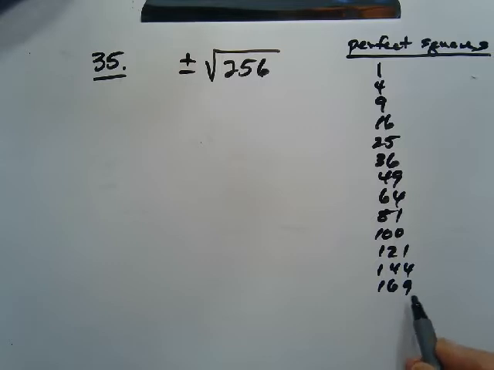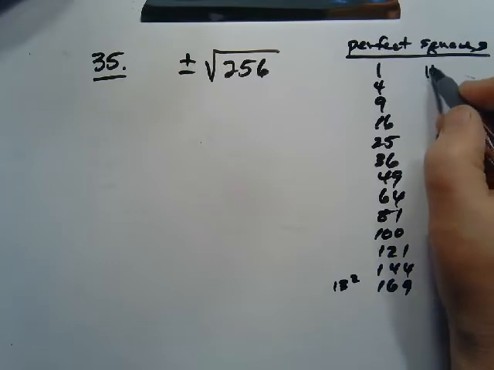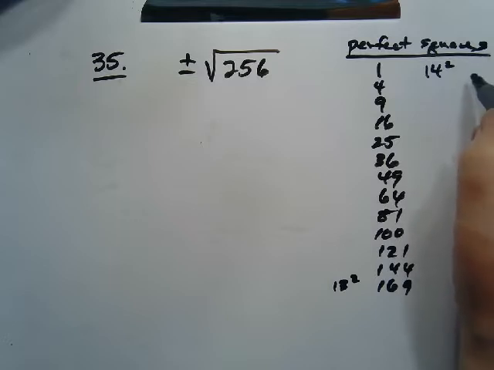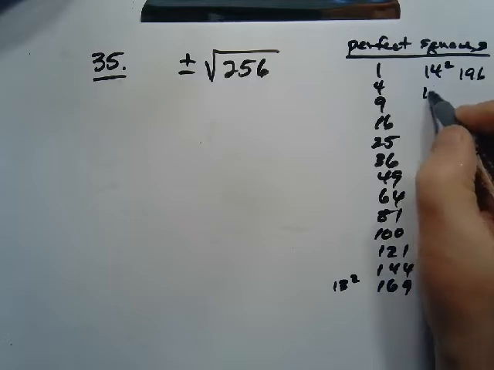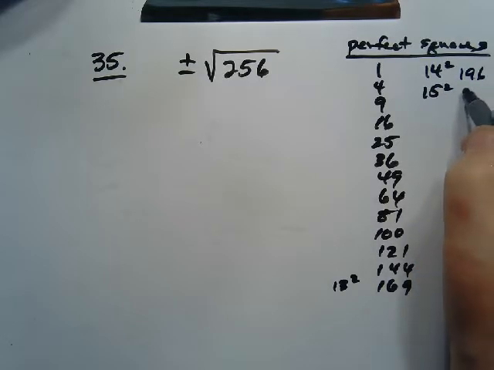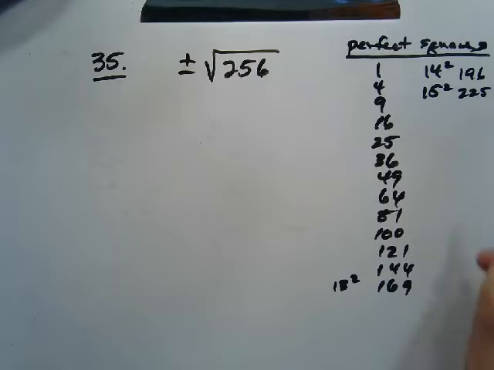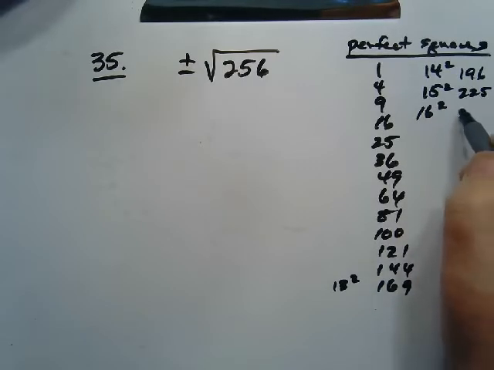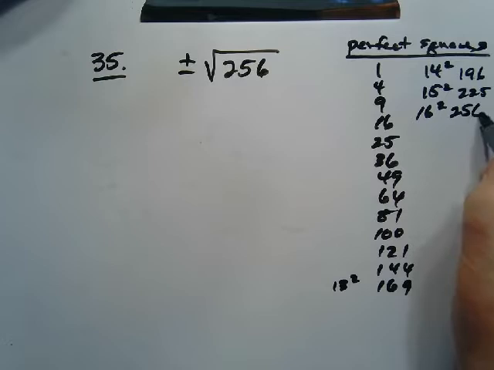Now this is 13 squared here, so things are going to start getting a little harder. You might want to review these again. 14 squared is 196. 15 squared is 225. 16 squared. Go ahead and go back through this list. You should have them in your notes somewhere. And 16 squared is 256. So lo and behold, we found one here.